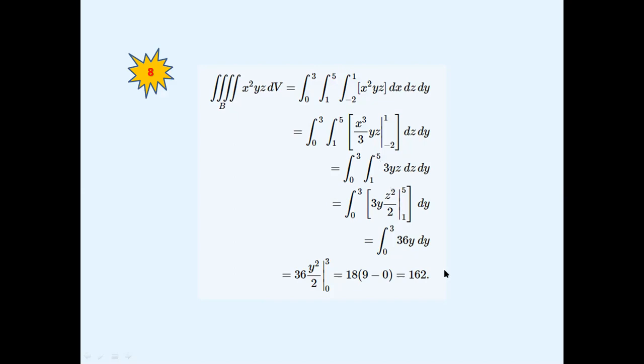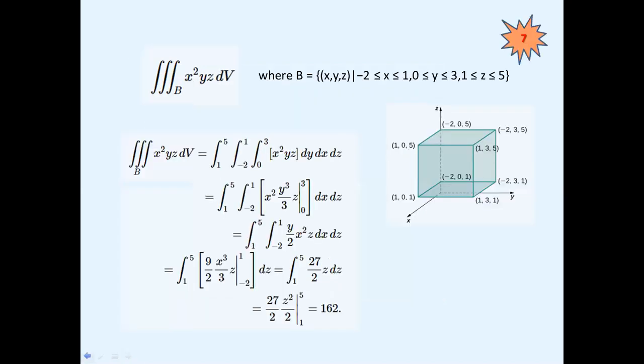So this would be 36y. If you integrate this, that would be 18y squared. Substitute the 3 for the y, that would be 9. It's still 162, the same as the one that we have here.